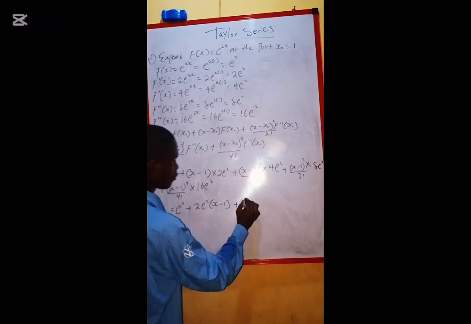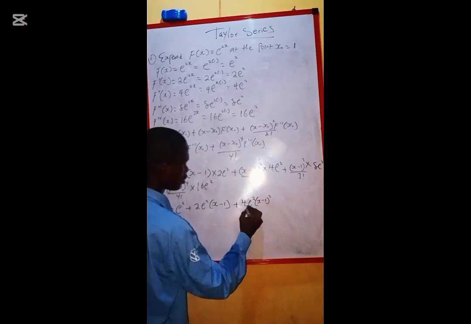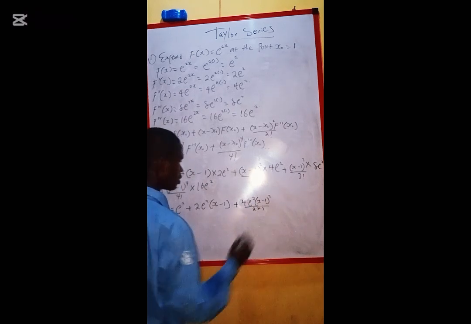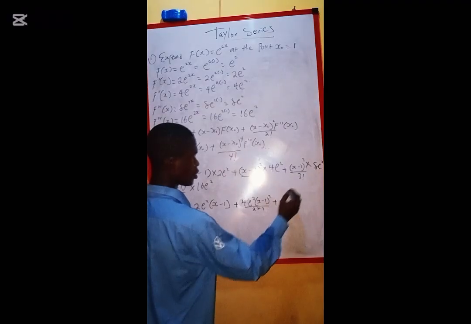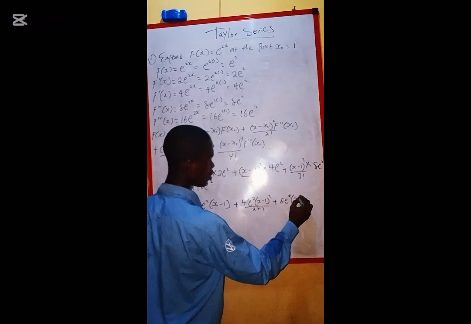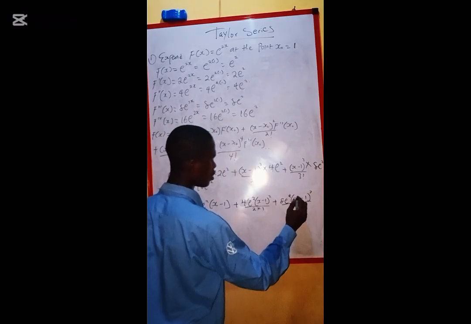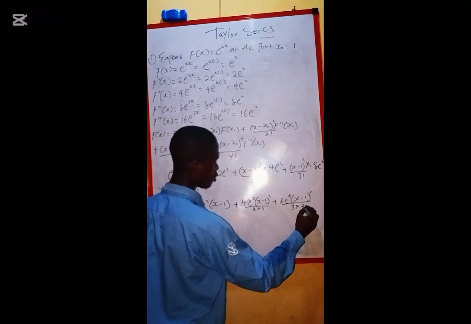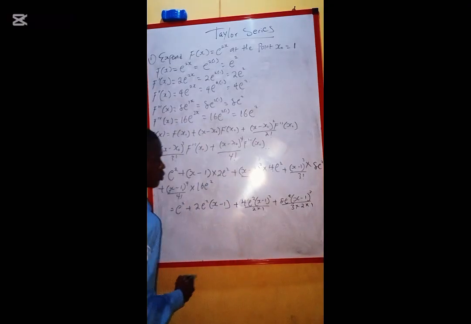As 4e squared (x minus 1) squared over 2 times 1, right? Plus 8e squared (x minus 1) cubed over 3 times 2 times 1, right?